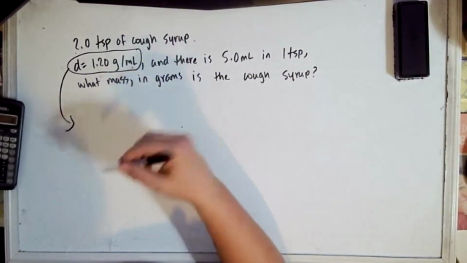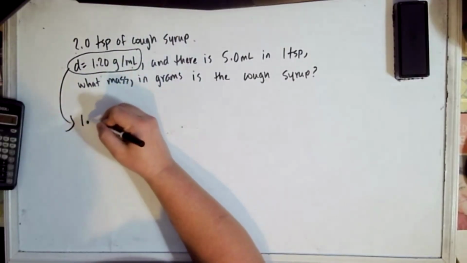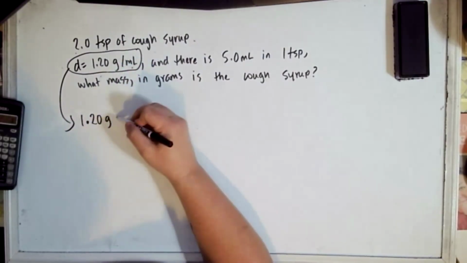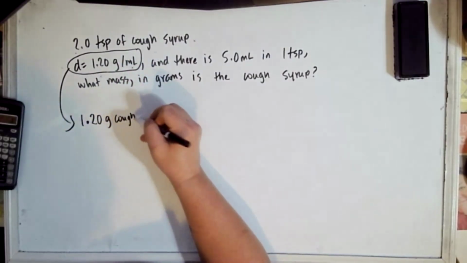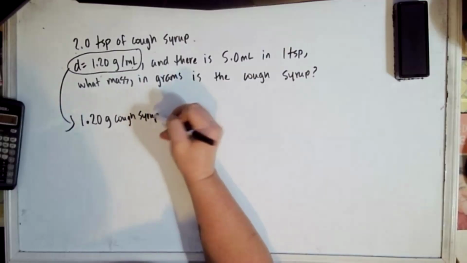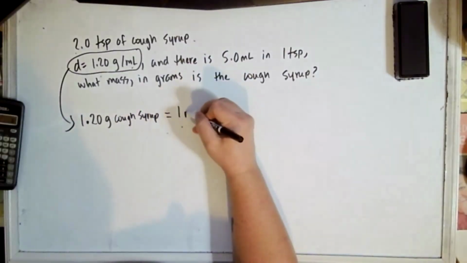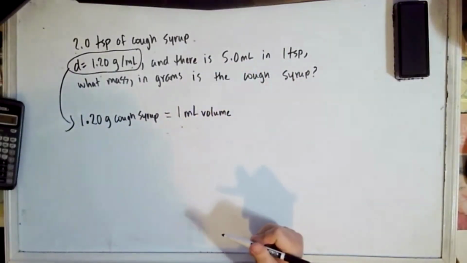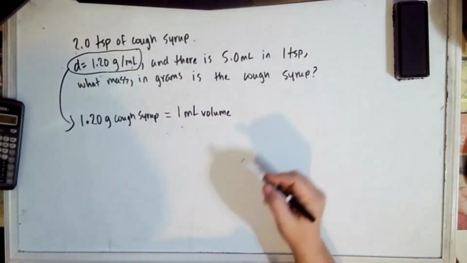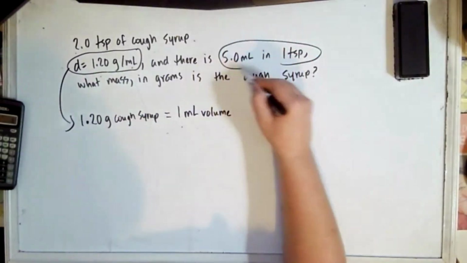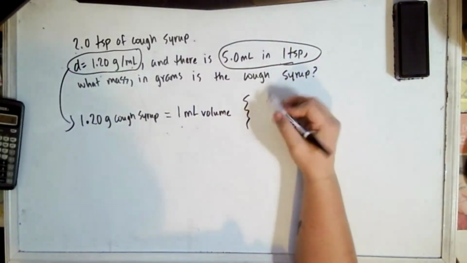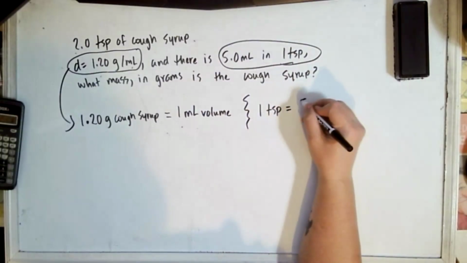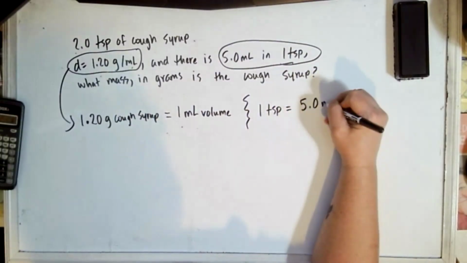So you can rewrite it as an equality: 1.20 grams of cough syrup is going to have a volume of 1 milliliter. And the second equality that they tell us is that for every 1 teaspoon of this cough syrup, it's going to be 5 milliliters.